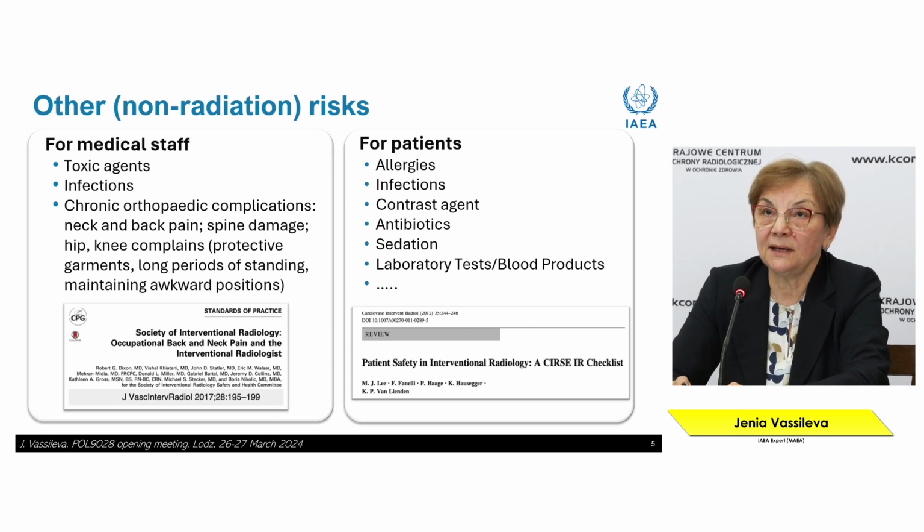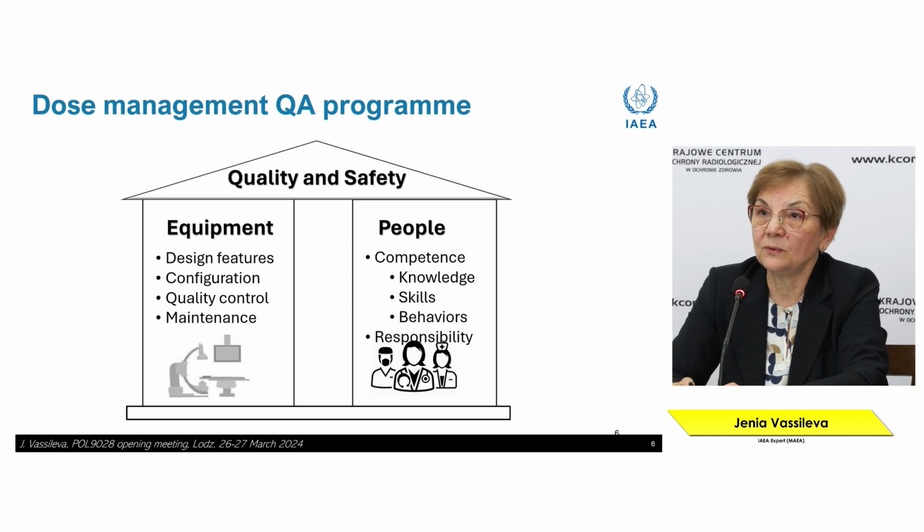A lot of publications are on the orthopedic complications, neck and back pain, spine damage, and many other complaints, mostly because of the use of protective garments, long periods of standing, and maintaining awkward positions. That's why the ergonomical aspects of the protective devices are extremely important. For the patients, there are also many other risks, so radiation is one of those, and it's important to deal with this in a proper way.